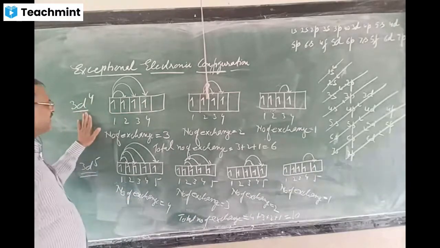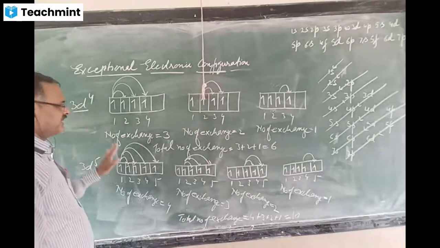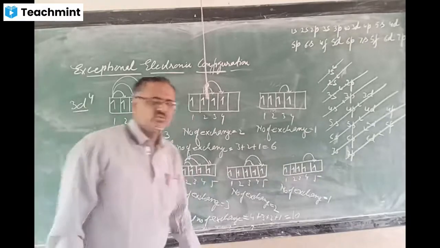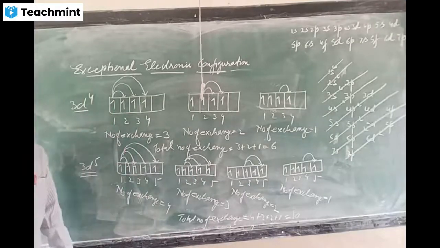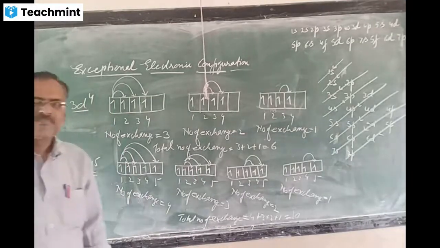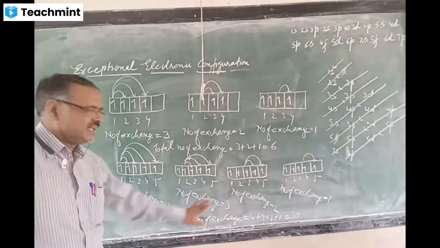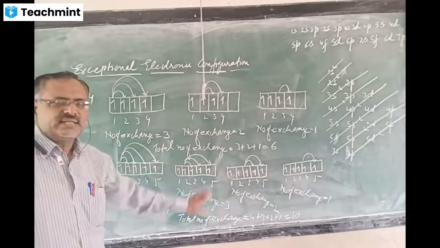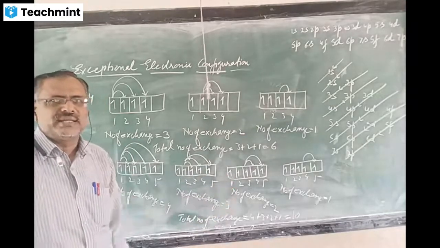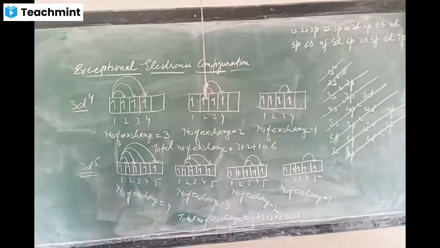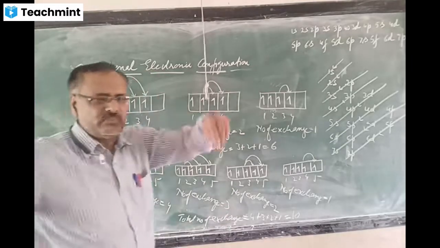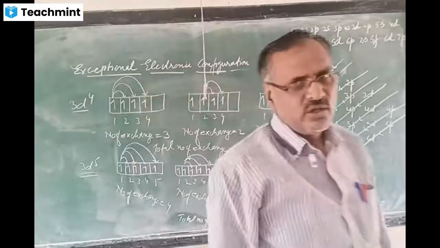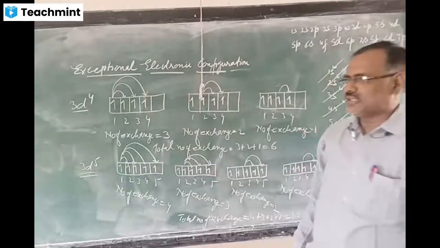When the electrons are filled as 3d4, the total exchange is 6. So where is the greater exchange, in 3d4 or 3d5? 3d5. So here the greater exchange is there, then a greater amount of energy will be released. So when the atom has the configuration 3d5, it will go into a lower energy state, so that atom will be more stable.